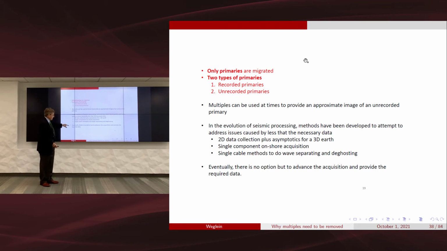So in the evolution of seismic processing methods, acquisition has become more and more complete. There was a time when we only had 2D data and we'd use asymptotic methods to approximate an experiment that had no cross-line data, yes? Ignoring the actual data that was there. That has changed. Single component onshore acquisition was the rigor, now not always. Single cable methods to do wave separation and deghosting have evolved to dual cable and so on, yes?